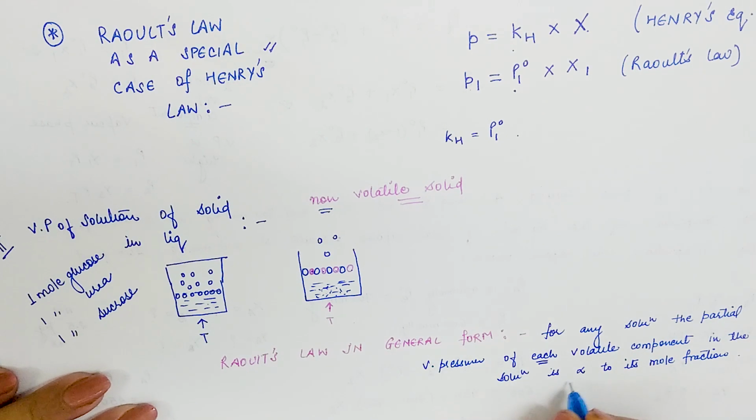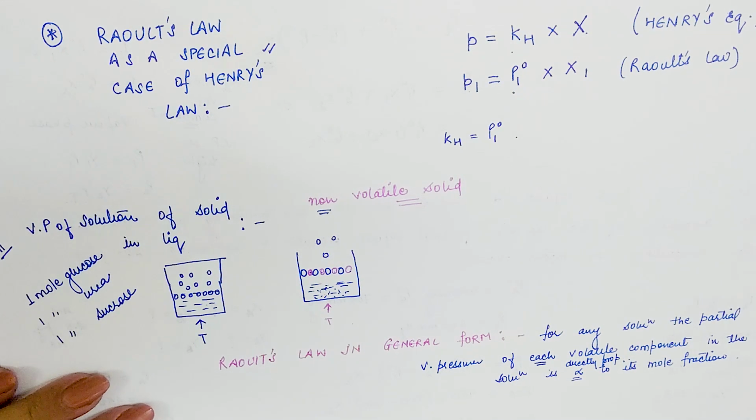Now what is the difference? In the exam, if it is asked to state Raoult's law in the general form, write each volatile component, because the component which is volatile is the one forming the vapors.